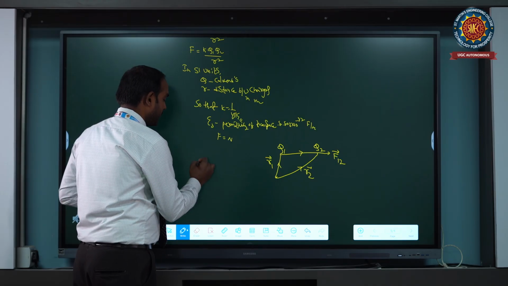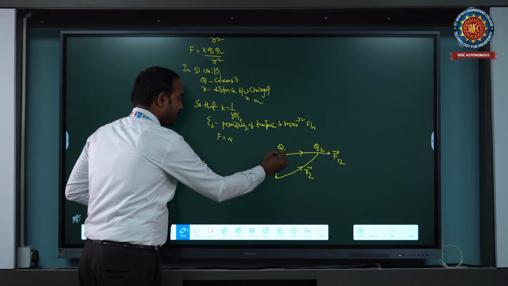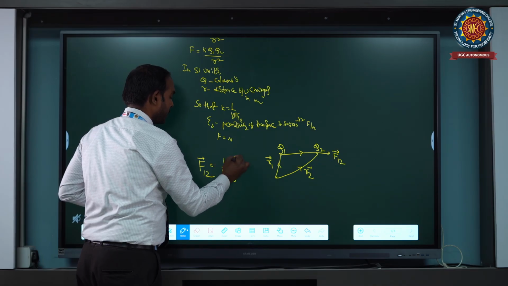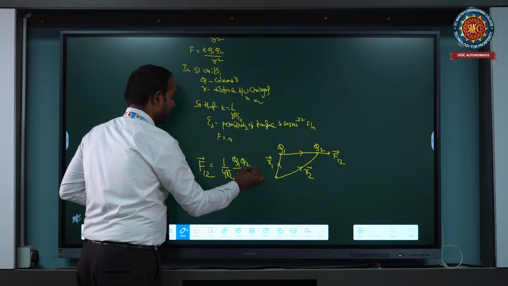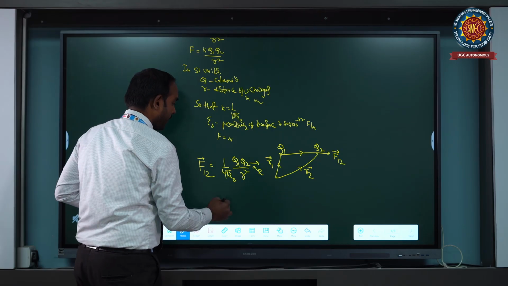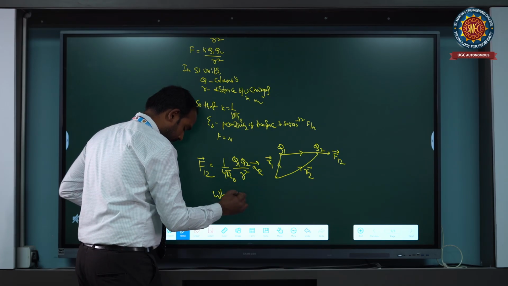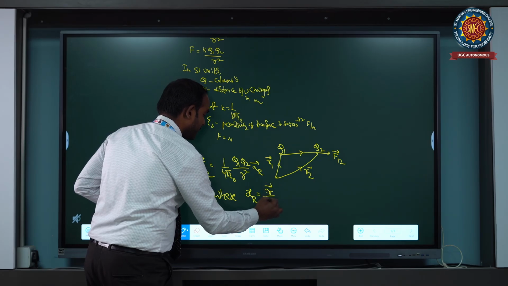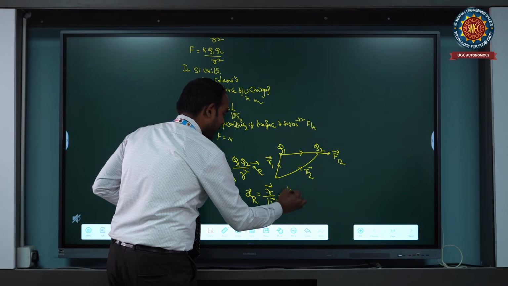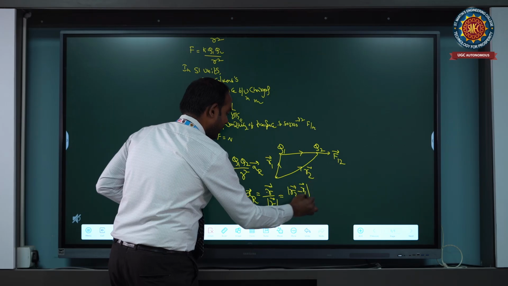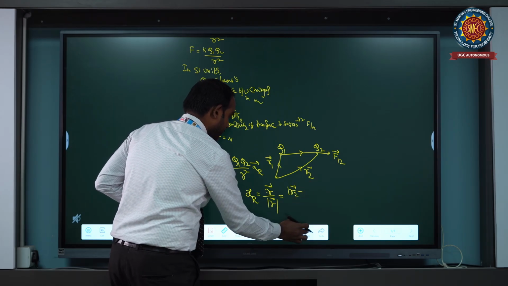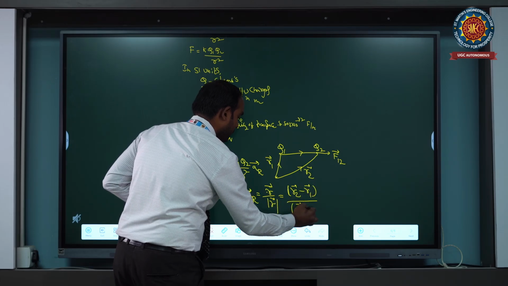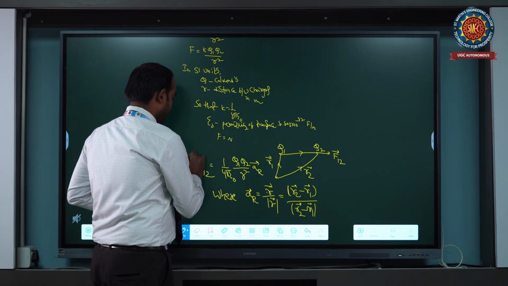In vector form, we can write the force on the second charge due to the first charge as F12 bar is equal to 1 by 4 pi epsilon naught Q1 Q2 by R square AR bar, where AR bar is the unit vector along the line joining them, that is, R2 bar minus R1 bar divided by the magnitude of R2 bar minus R1 bar. So it is the vector form.